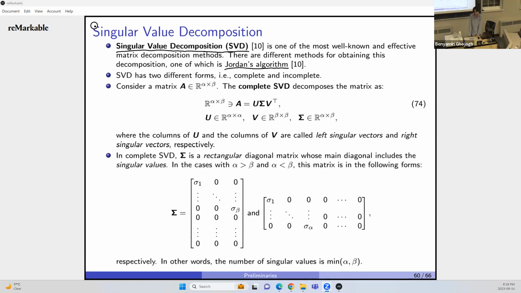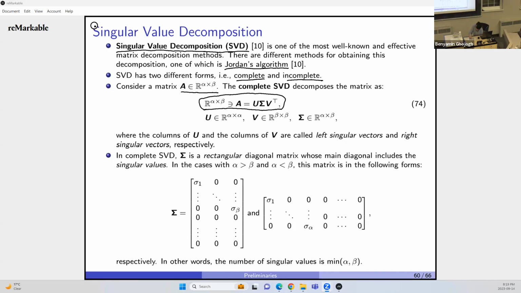So SVD has two different forms, right? Complete or incomplete. First off, one major difference between eigenvalue decomposition and SVD is that we can apply SVD on rectangular matrices also, but eigenvalue decomposition is applicable only to square matrices. Okay. So consider A to have alpha rows and beta columns, right? Then I can write this SVD: U sigma V transpose, right?